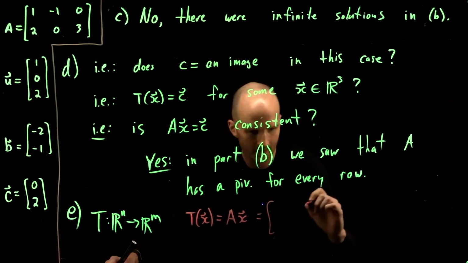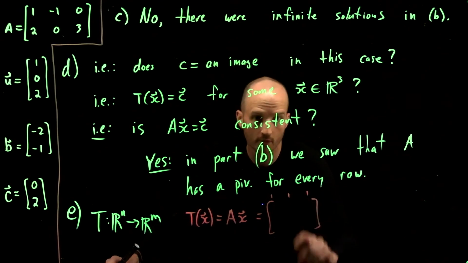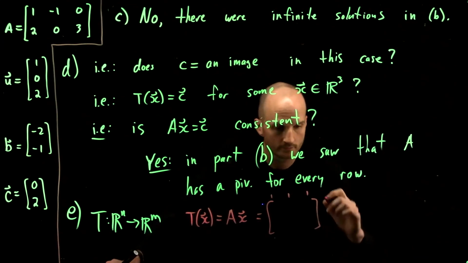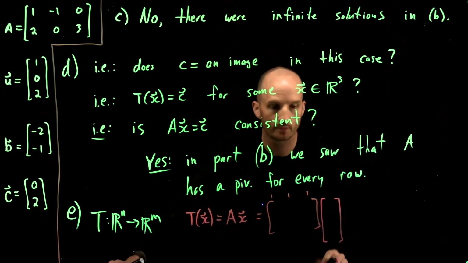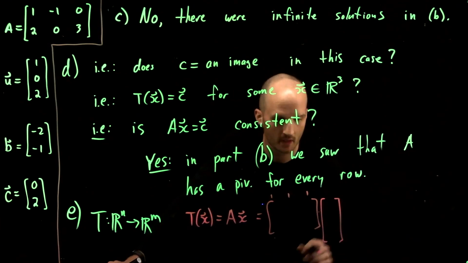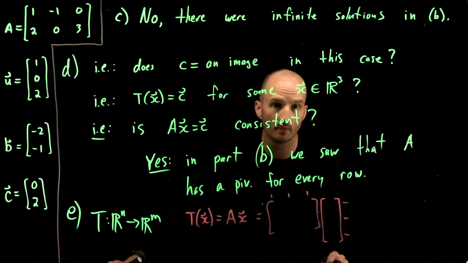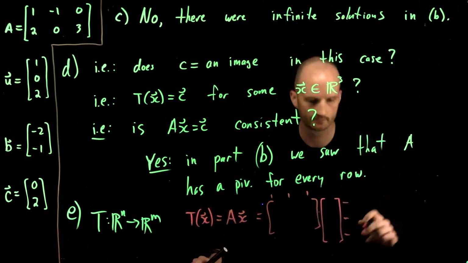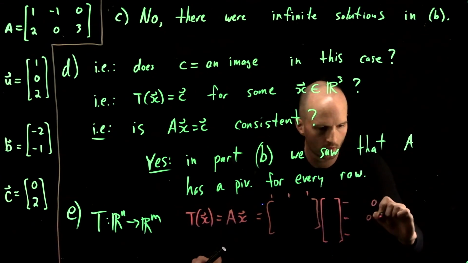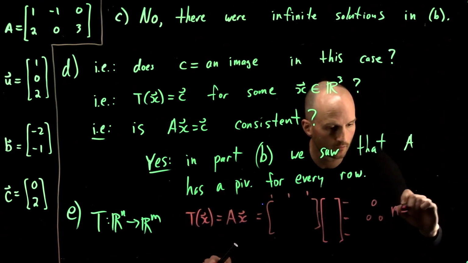Well, this is A, it has 1, 2, 3 columns. So for this product here to make any sense, I'm going to need 1, 2, 3 rows here in my vector x. Therefore, this n is 3.